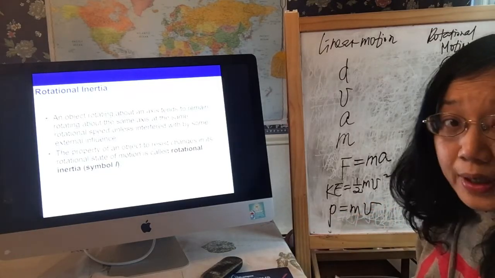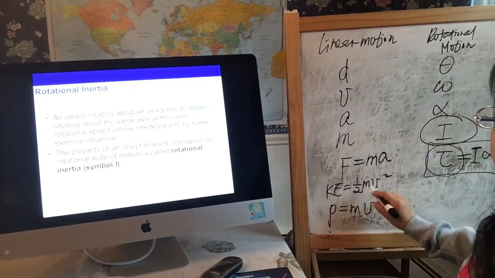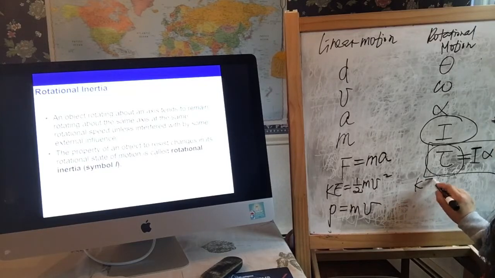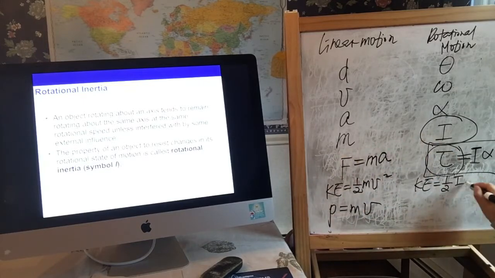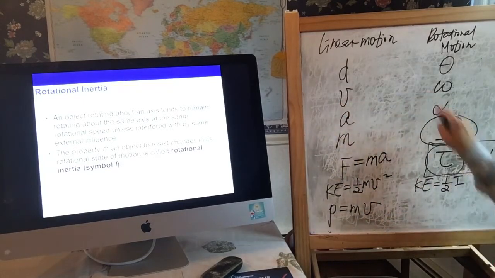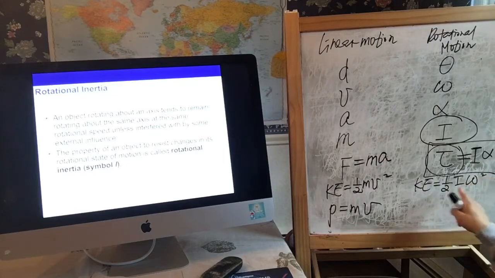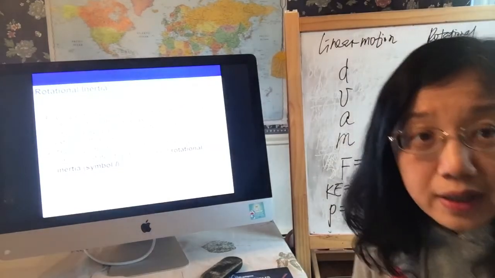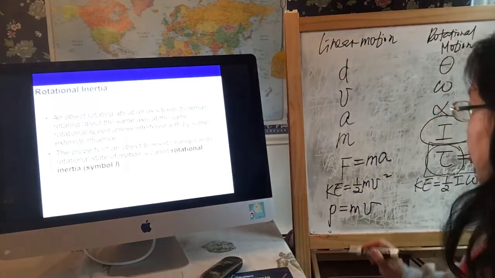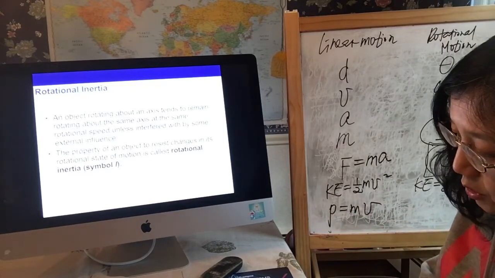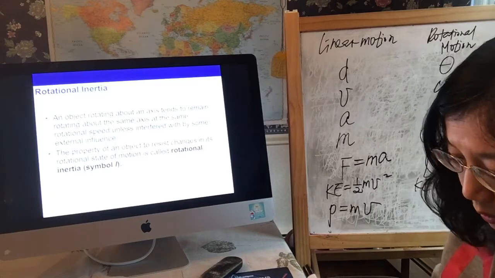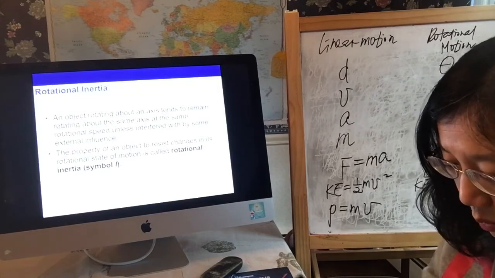Kinetic energy. The definition of kinetic energy is 1/2 mv squared, and then we have rotational kinetic energy. You can guess, m is going to be replaced by I, and v is going to be replaced by omega. So we have the rotational kinetic energy definition. Momentum. We have angular momentum.